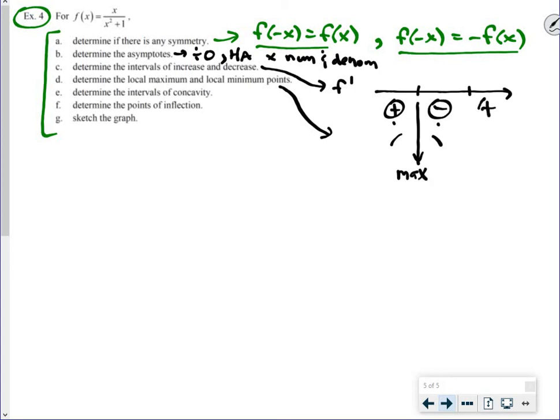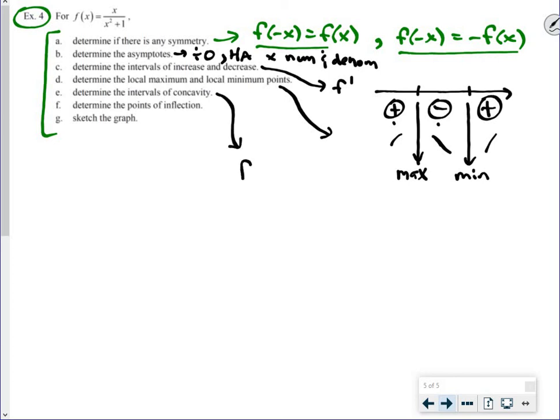And suppose, just for the sake of example, it goes from negative slope to positive slope, there's going to be a min at that location. So that'll be the first derivative.